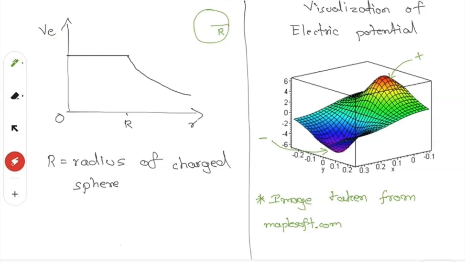But as soon as we start measuring distances outside the sphere, which are more than r, in this area, your electric potential is going to decrease in a sort of exponential manner.